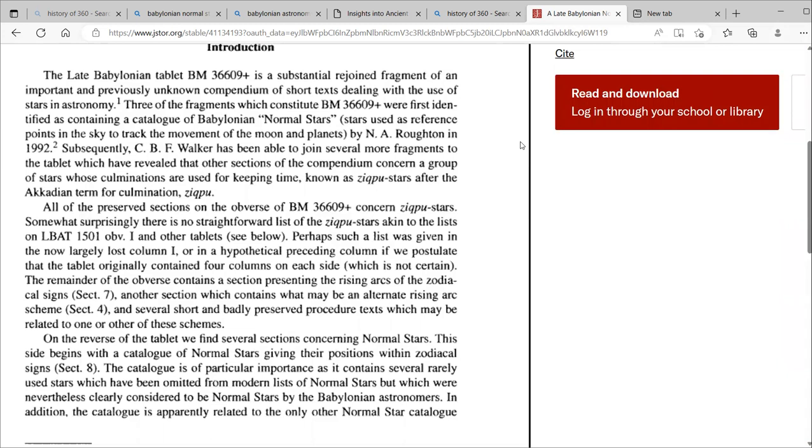Perhaps such a list was given in the now largely lost column one, or the hypothetical preceding columns.